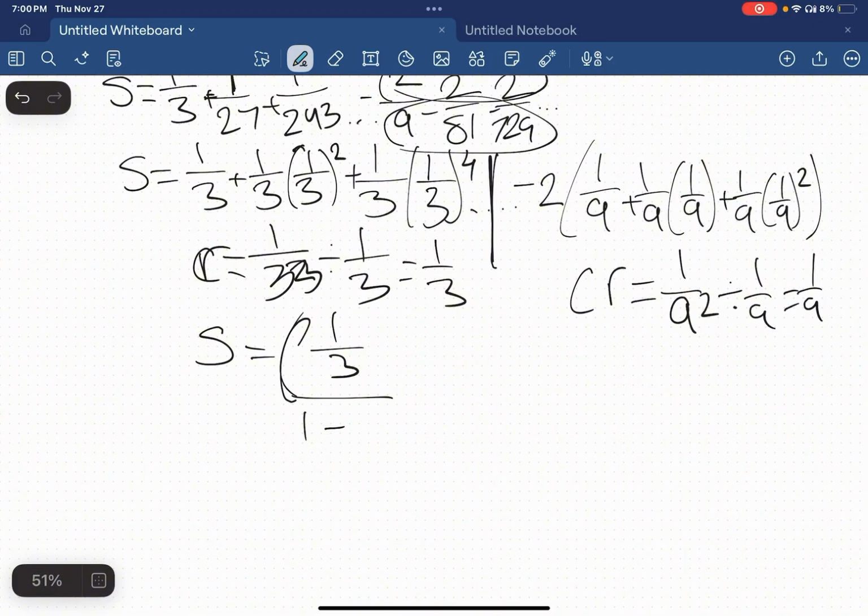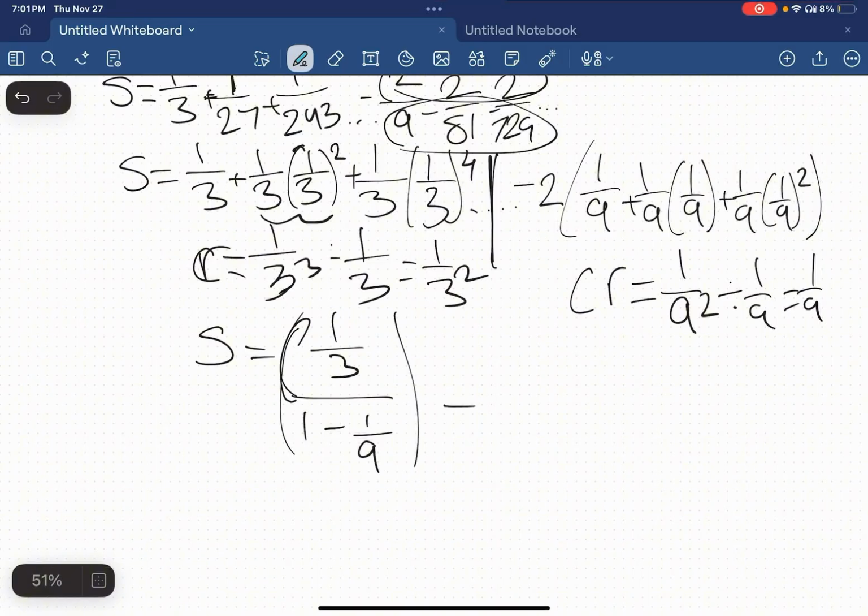This is supposed to be cubed because this is the thing right here. And it's going to be 1 divided by 3 squared, which is 1 over 9. Sorry about that. I forgot this thing over here is 1 divided by 27. So 1 divided by 3 cubed divided by 1 divided by 3 is 1/9. So that's our answer to the first one.